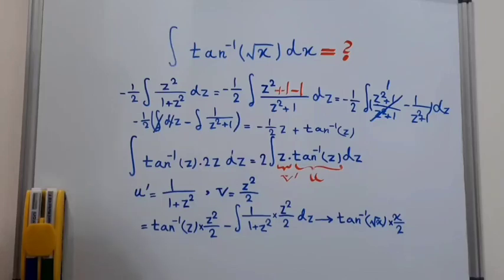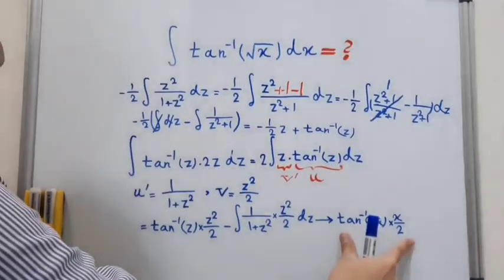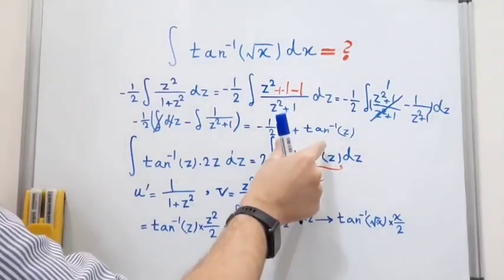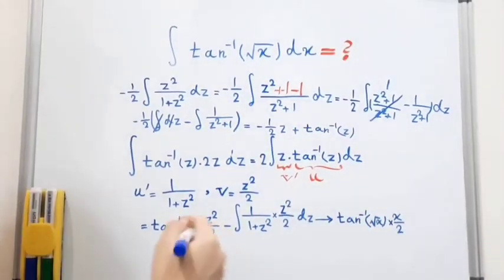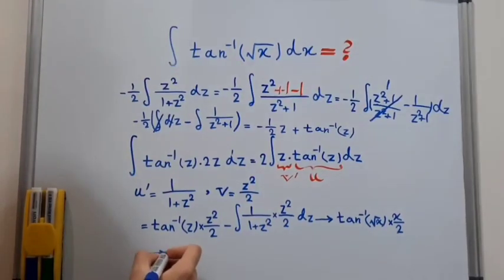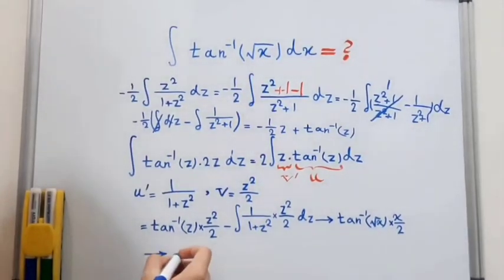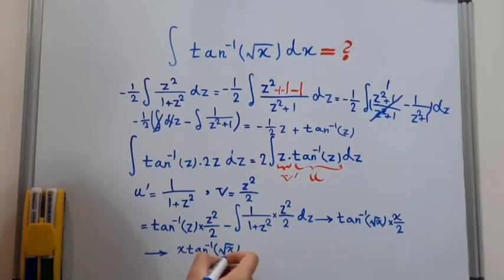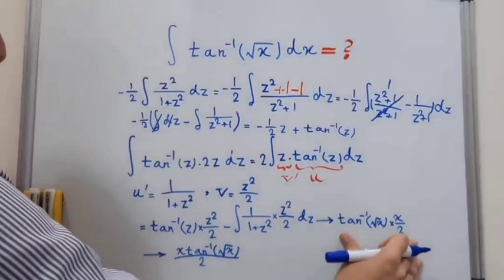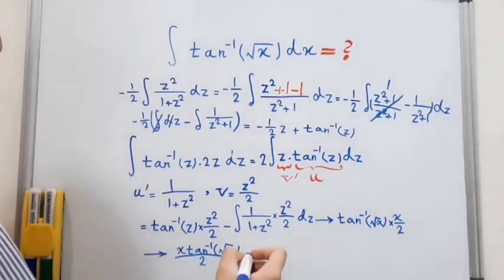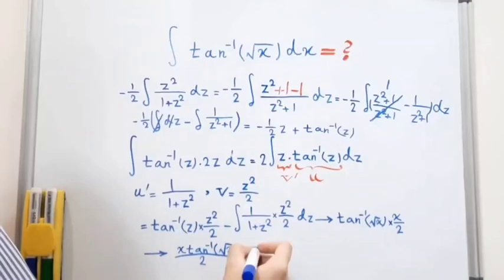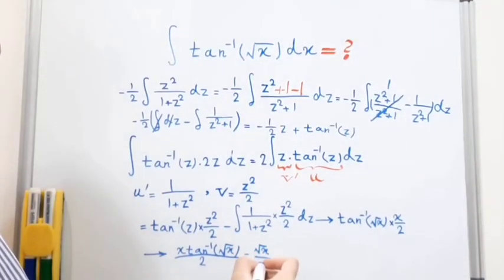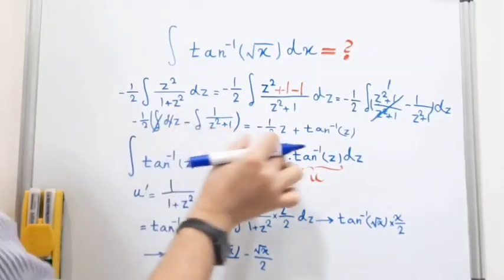So we will reach, I write it like this, and what was z? Z was root 2 of x. So let's just write it and finish this integral question. Over 2, I write this, minus root 2x over 2, and I said this is for both of them.